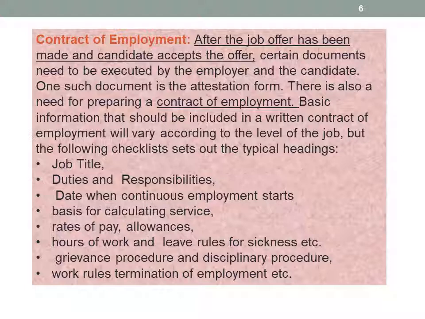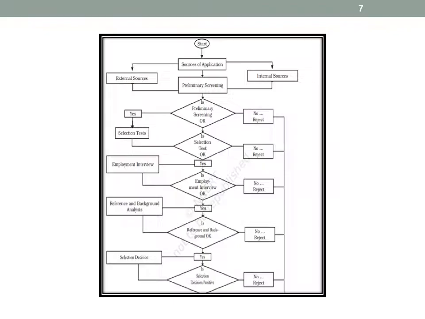What will be his duties and responsibilities? When will the employment contract start? What will be the base for calculating services? All this information is mentioned, along with a lot of other details. These are the main pieces of information explained in the contract of employment.